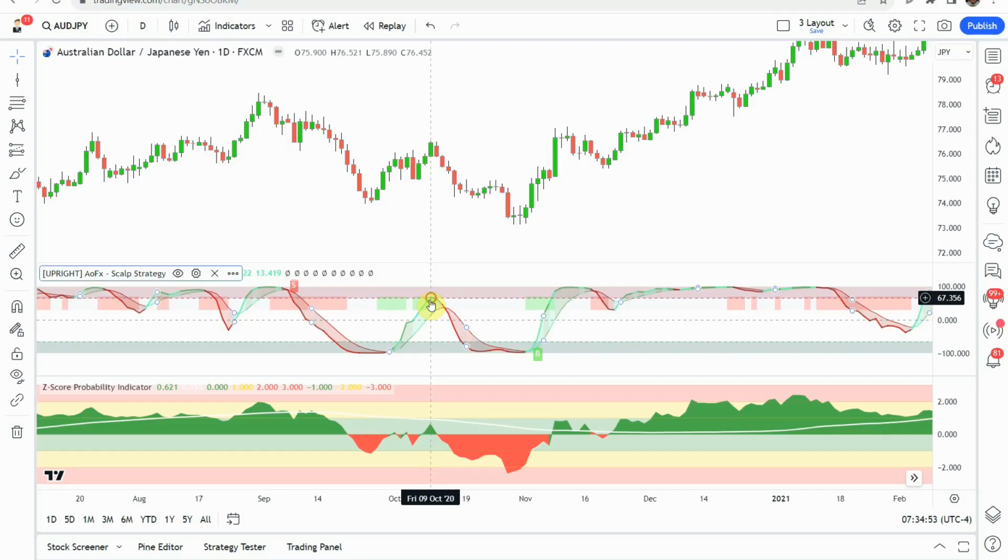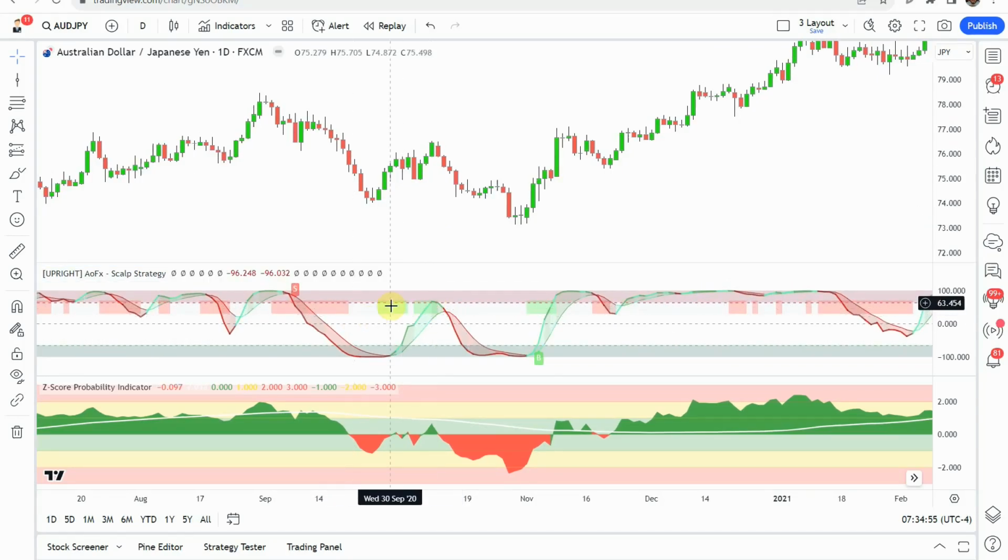We have tested this strategy a few different times on crypto and Forex and on lower time frames, so I think the 15-minute and the 30-minute time frame. Not sure if we tested on a higher time frame, maybe an hour. I can't remember off the top of my head, but nonetheless, we've tested it a few times on the lower time frames.